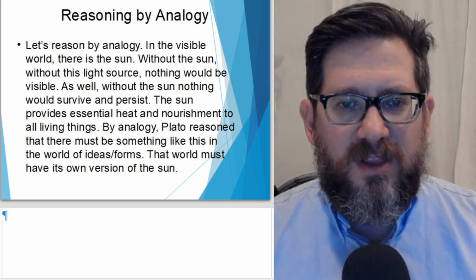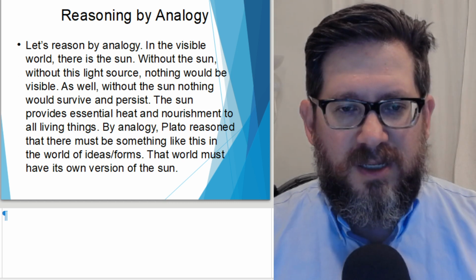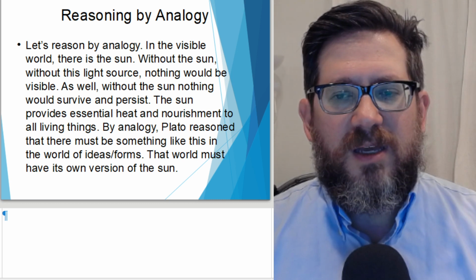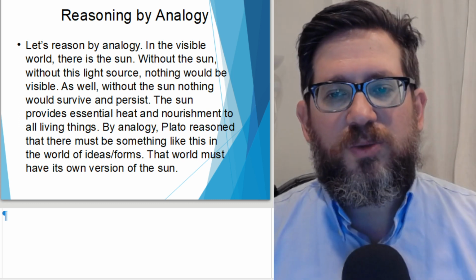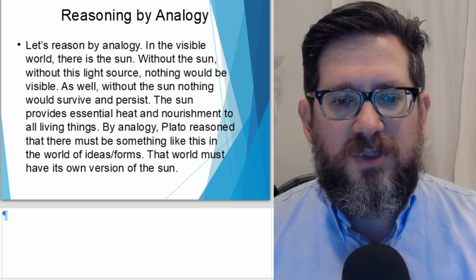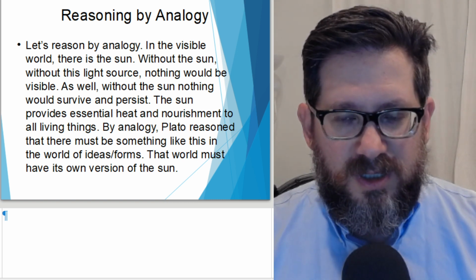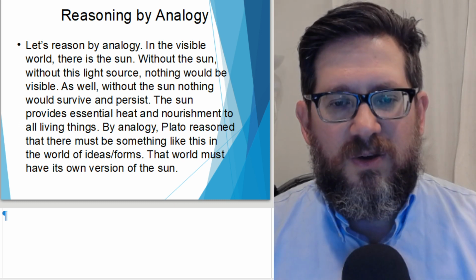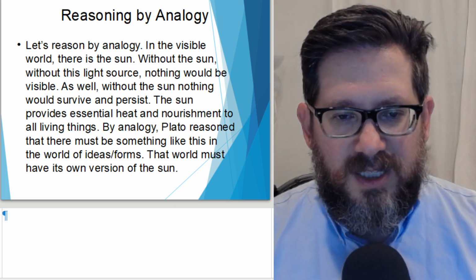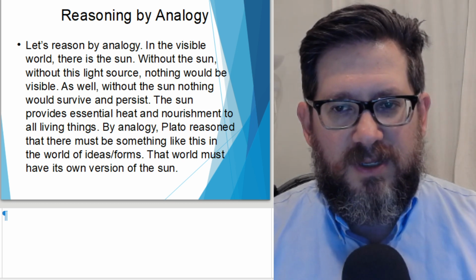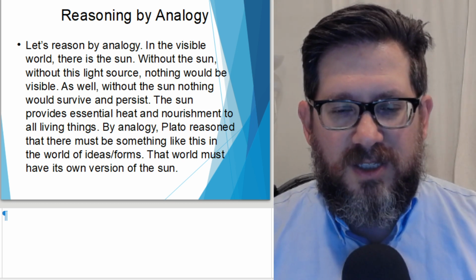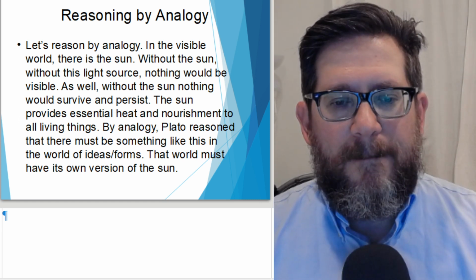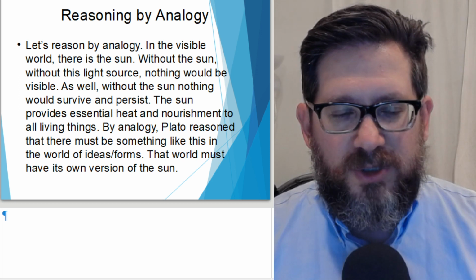And without the light of this intelligible sun, we wouldn't be able to think things. On top of that, this intelligible sun must also be the source and the sustenance for all that exists in the intelligible world. So he's using this reasoning by analogy to make this inference that there's an intelligible sun.